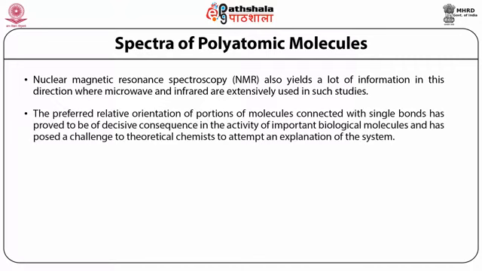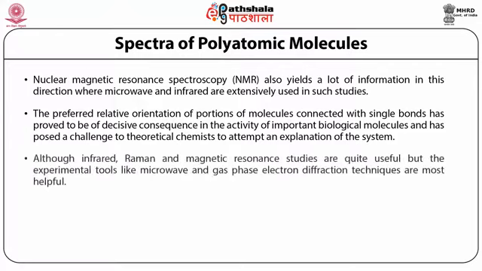The preferred relative orientation of portions of molecules connected with single bonds has proved to be of decisive consequence in the activity of important biological molecules and has posed a challenge to theoretical chemists to attempt an explanation of the system. Although infrared, Raman and magnetic resonance studies are quite useful, the experimental tools like microwave and gas phase electron diffraction techniques are most helpful.